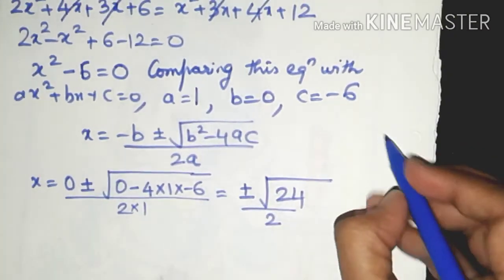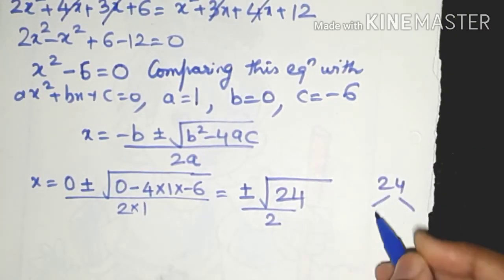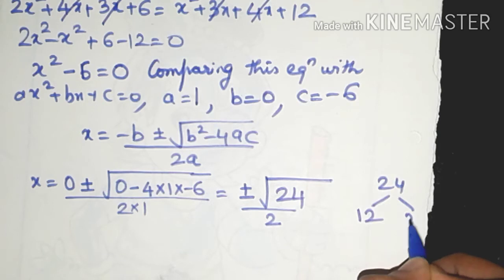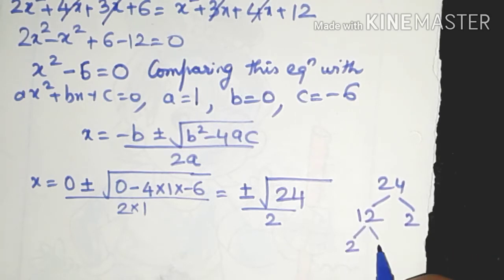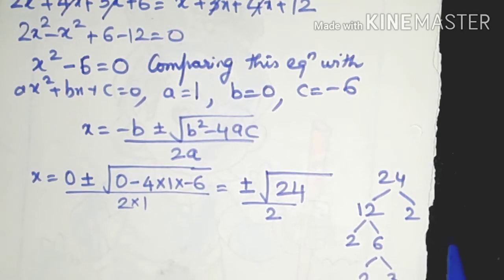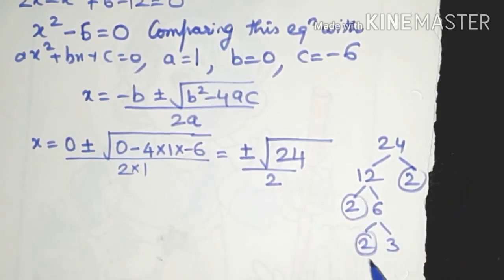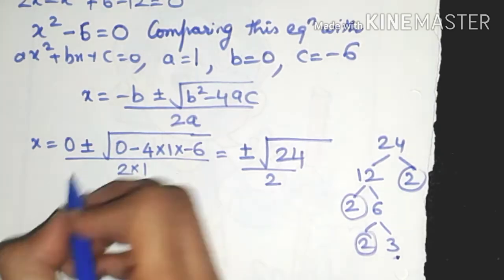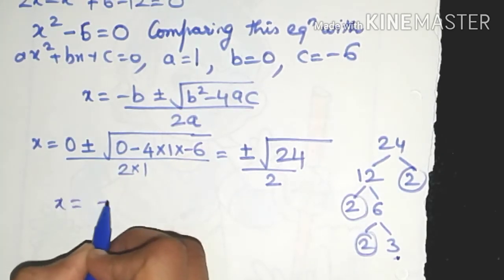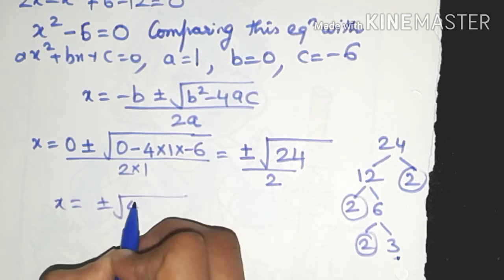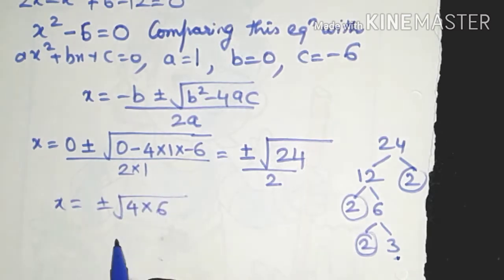So let's see about 24. 24 is nothing but 12 2s are 24. This is 2 6s are 12, and this is 2 3s are 6, right? So how many 2s am I getting? 1, 2, 3. And 1, 3 I have. So let's see what to do. Plus or minus, I can write 4 6s are 24. I think that will be fine, divided by 2.